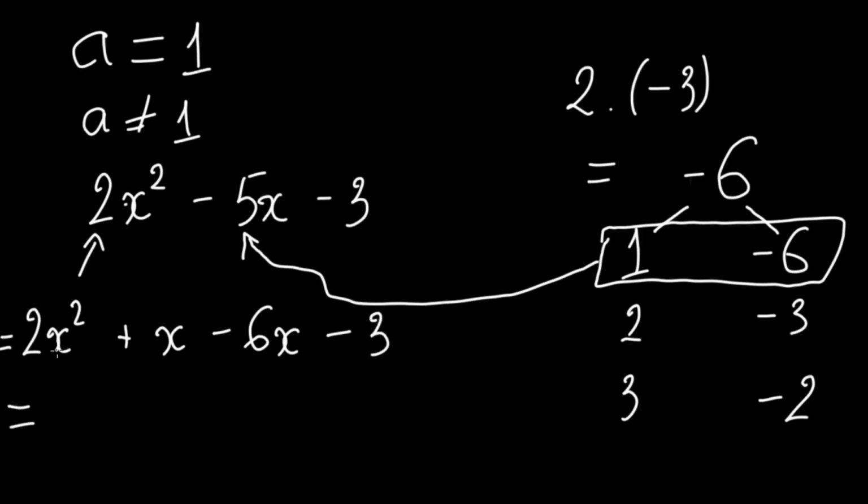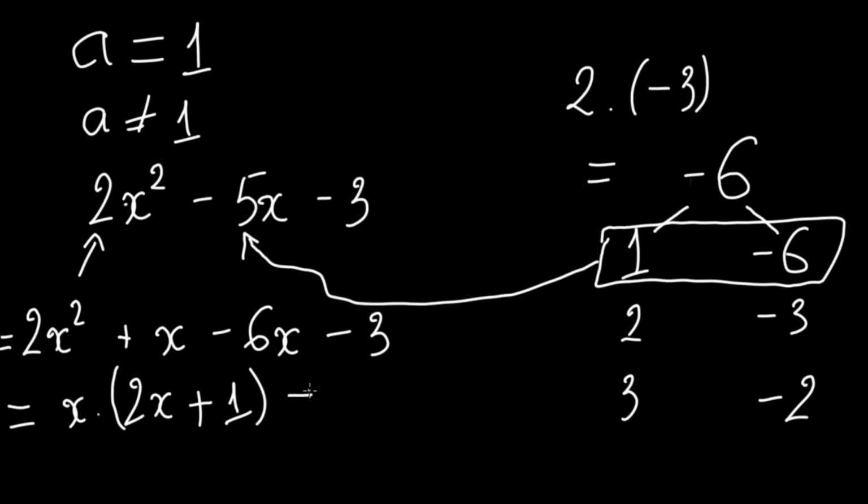Now, you see, we put x outside. And then we put 2 times x inside, because x times 2x equals 2x squared, right? And then add 1, because x times 1 equals x, right?